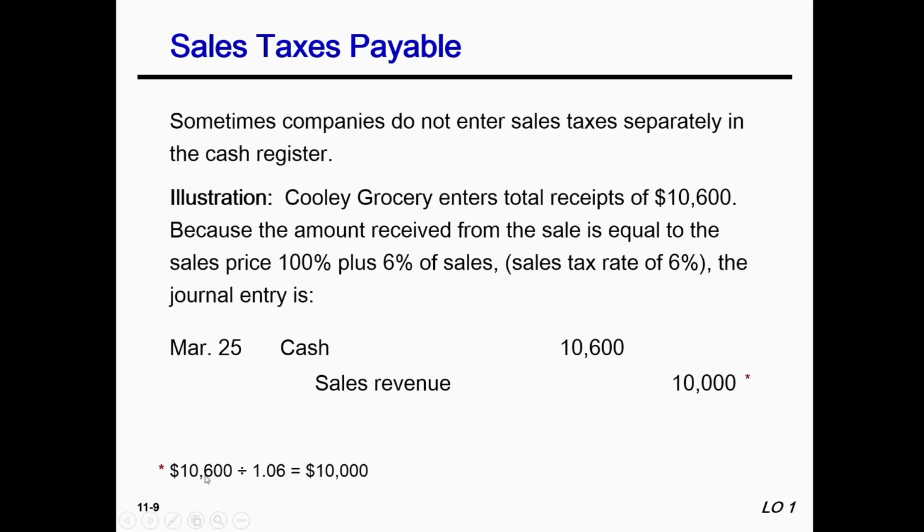So 10,600, which is the total cash received, divided by 1 plus the sales tax percentage, we get 10,000, which is the sales revenue. And the remaining, which is sales tax payable, is the difference between the cash collected and the sales revenue, because the remaining money which you have collected is for sales tax payable.